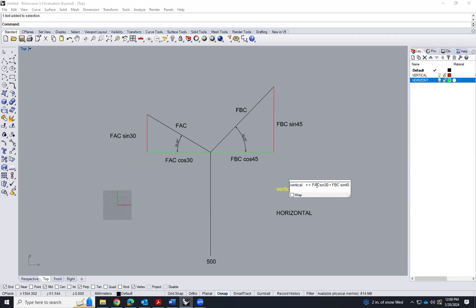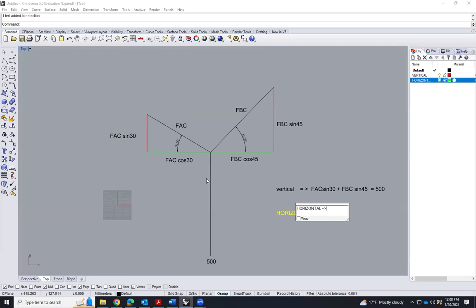So I'm adding up FAC sine 30 plus FBC sine 45. What is going down? If it goes down, it goes in a different direction. So I type equals, and what is going down? 500. Okay, so that's the vertical equation. FAC sine 30 plus FBC sine 45 equals 500.